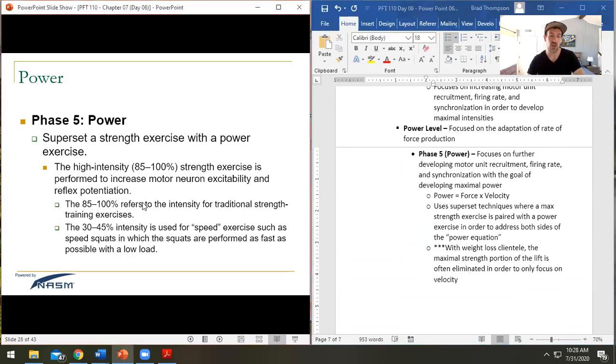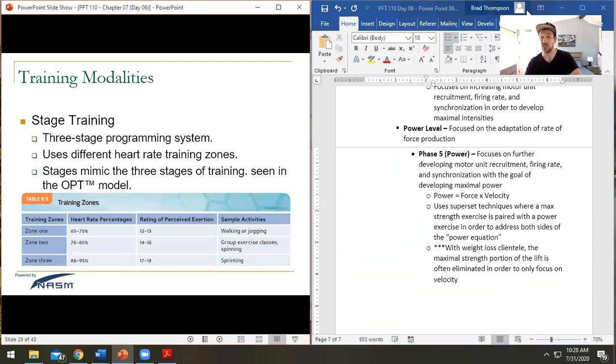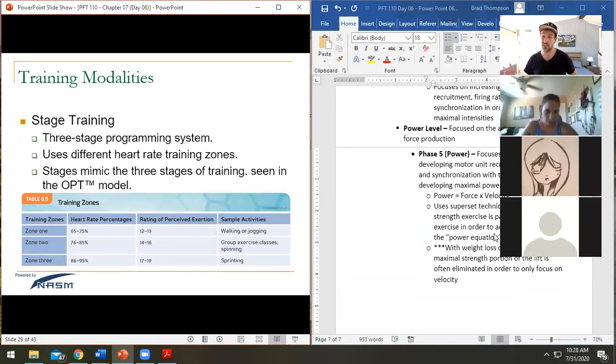So in obese clientele, because max strength lifts tend to be somewhat unsafe, you're going to end up reducing those and only focusing on velocity. And that's how a lot of people approach power training. Most people just do the explosive stuff. And I actually have nothing against that, but it should always be noted that the traditional way to effectively train for power is to address both sides of the equation, force and velocity, rather than just velocity alone.